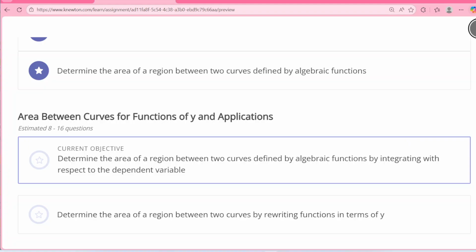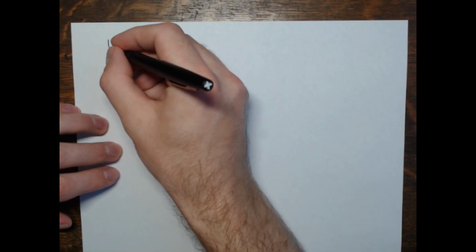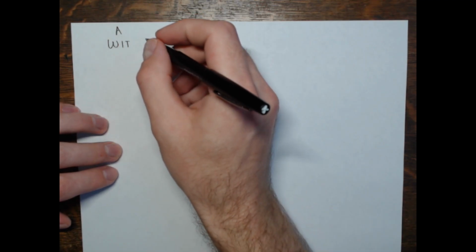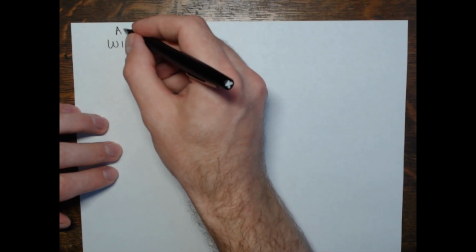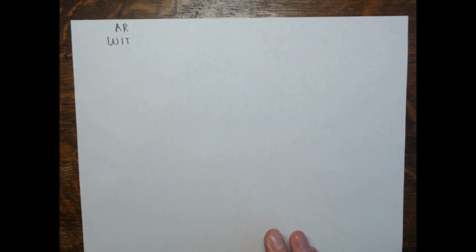All right. So let me describe that to you. So instead of the y coordinate being a function of the x coordinate, right? So every x gives me one y. Now we'll say, let's find the area between curves with respect to the y-axis. All the ones we were doing before were with respect to the x-axis, right?